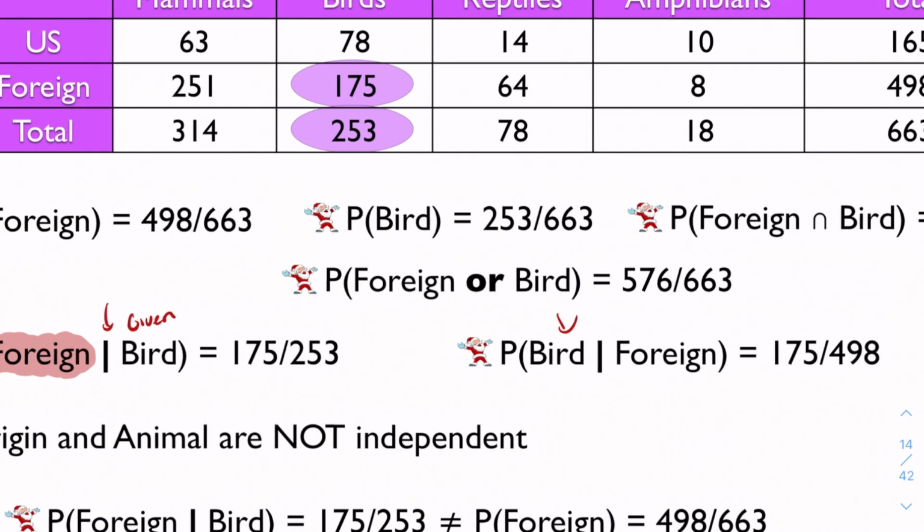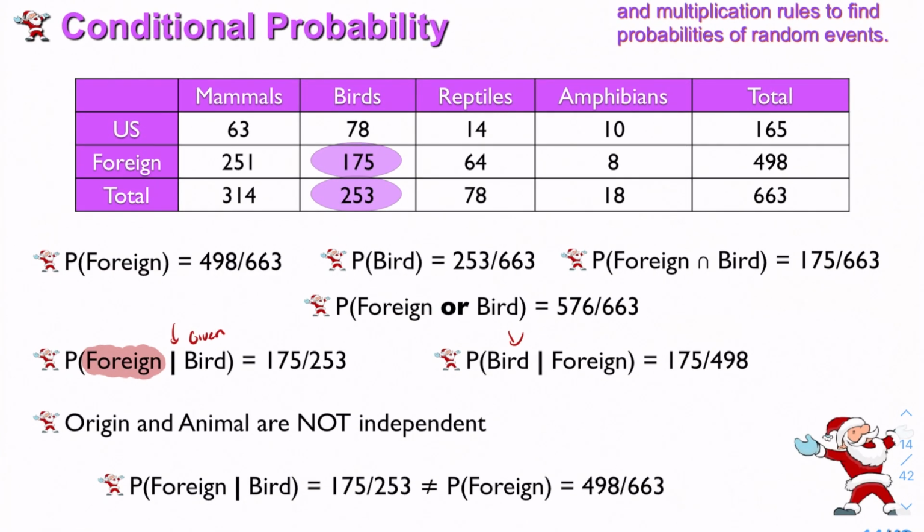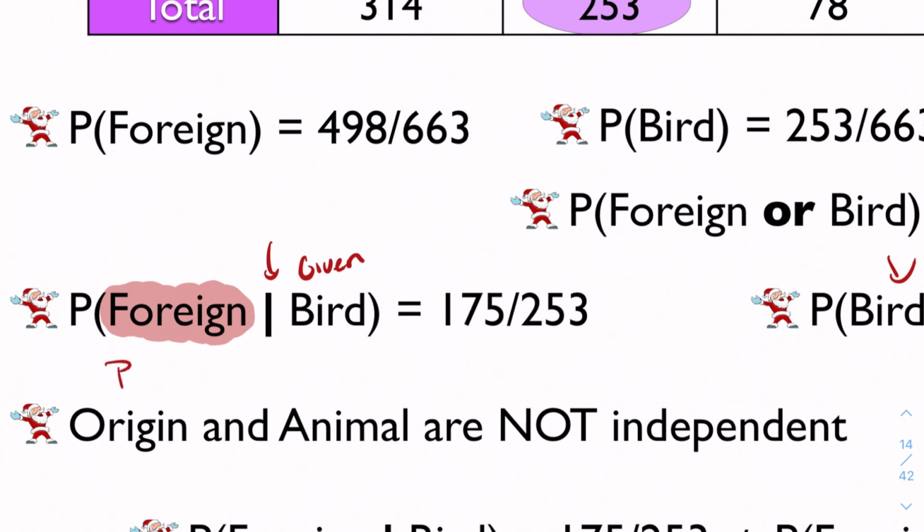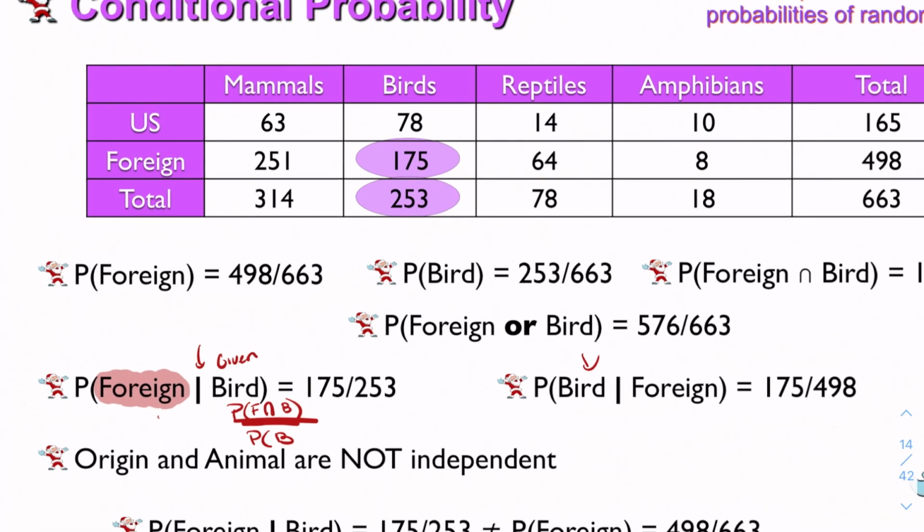Okay, so notice the order matters. This setup would be the probability of foreign. Let's rewrite this. Our numerator is the probability of foreign and bird divided by the probability of being a bird. 175 over 253.